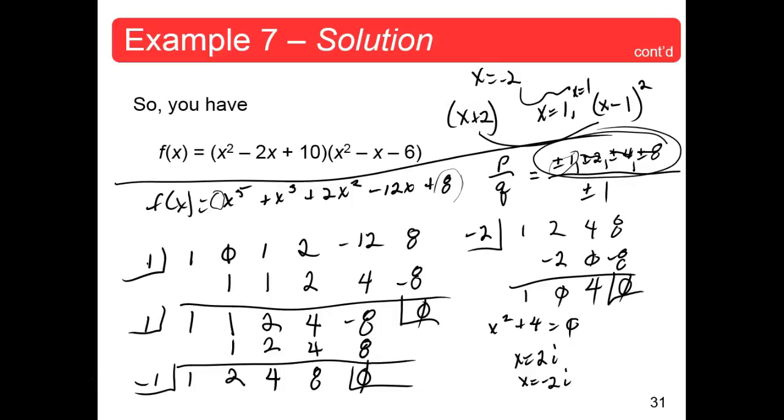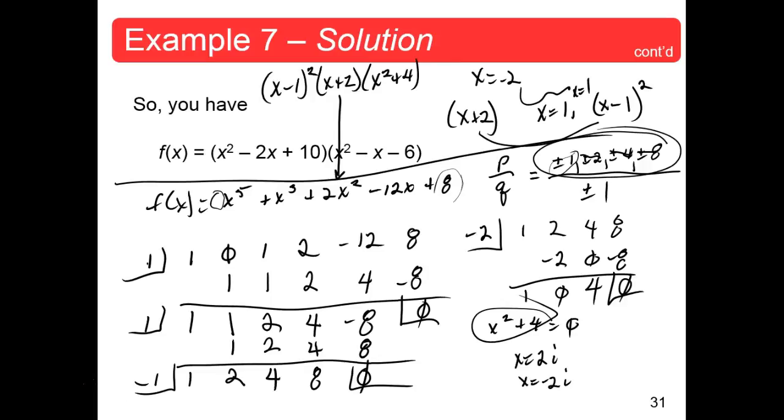Let's write that in completely factored form. You've already got 3 of the factors, x minus 1 squared times x plus 2, and then, frankly, leave this as your final factor, x squared plus 4. And that's equal to this.